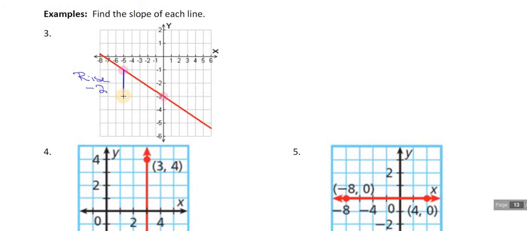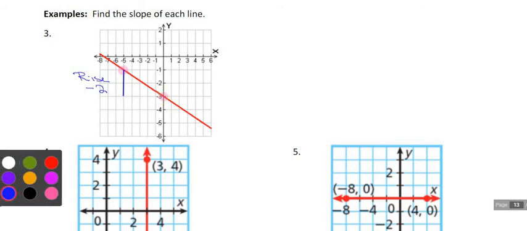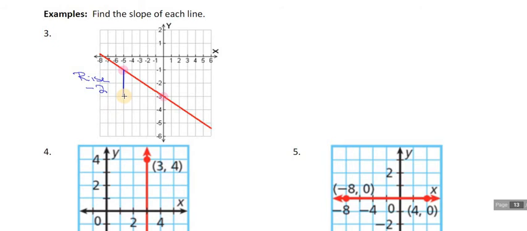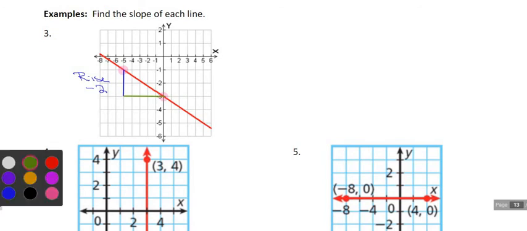Now we're going to turn right and we're going to travel to the right and run 1, 2, 3, 4, 5 units. So we have now run 5 units to the right. And again, to the right would be seen as positive.